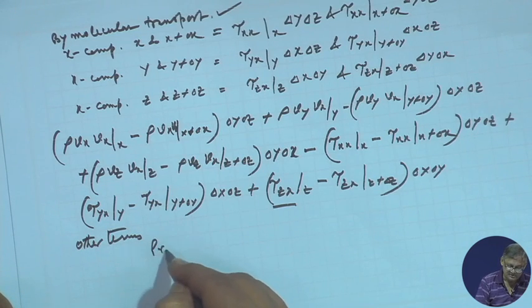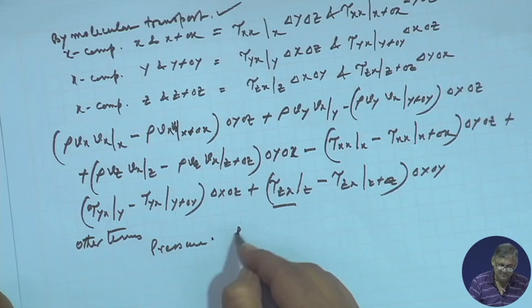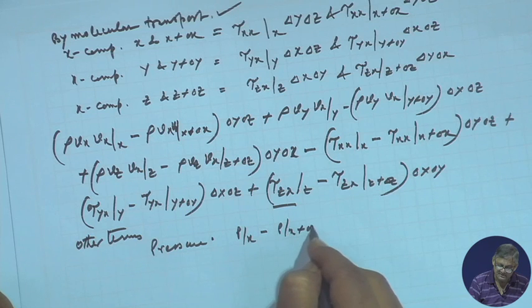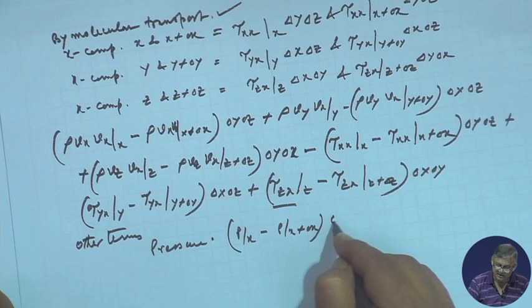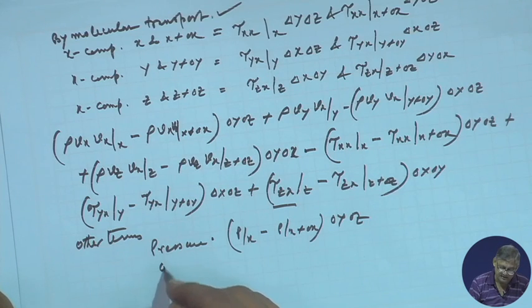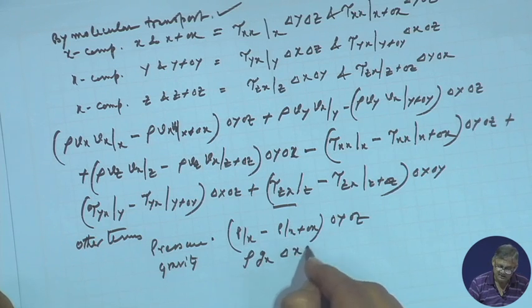So, other terms could be the pressure force, that can be written as P at the face x minus P at the face x plus delta x into the area, that is del y del z. This is all for the x component. Then the gravity force acting is rho times Gx times del x del y del z, right.